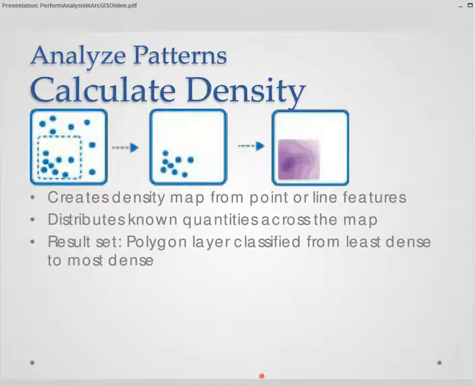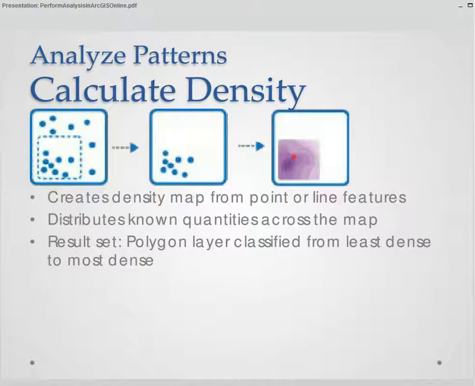All right, so the next one, analyze patterns. Sorry, I don't have an intro to this one. I thought I had included that, but I guess not. In analyze patterns, you can calculate density. Again, you're creating a surface.